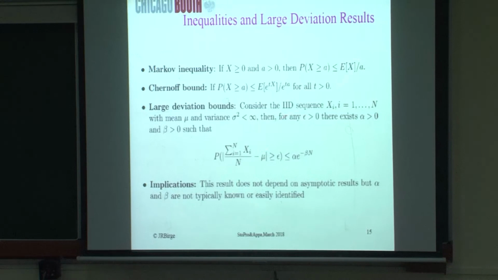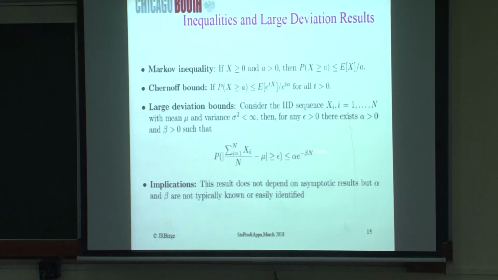Now these things also lead to large deviation type bounds. If I have a sequence of random variables with a given mean and finite variance, then, and this applies generally, the probability that the sample mean is bigger than the true mean by a certain amount is going to decrease exponentially in the number of samples. So there are always some values alpha and beta that give this result. And again, this is non-asymptotic; this is for any n.